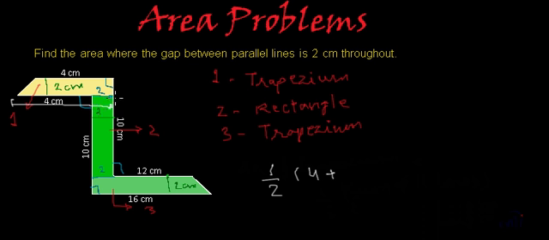So this was 4, plus 2 is 6, right? And height is the same throughout, it is 2. So 2 and 2 got cancelled. 4 plus 6 is 10. So the area of the first trapezium is 10 centimeters square, right?